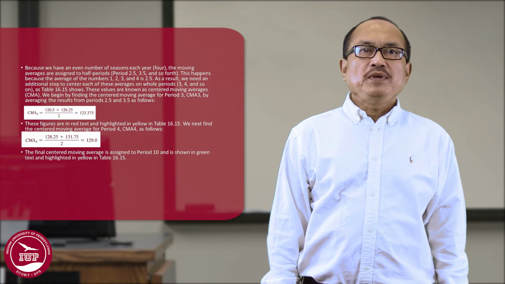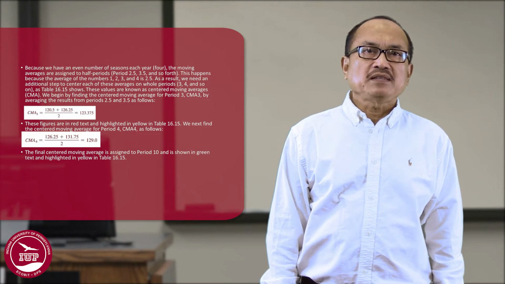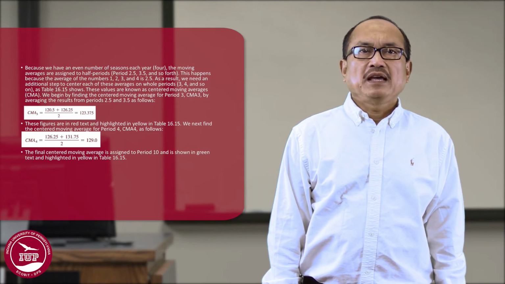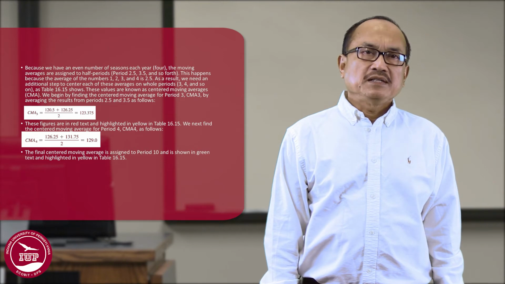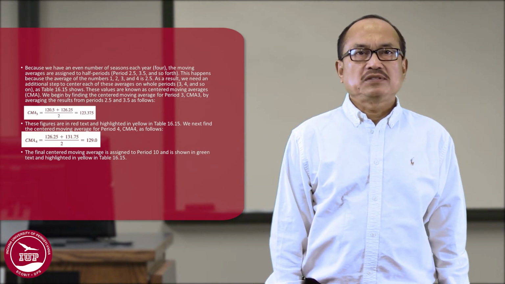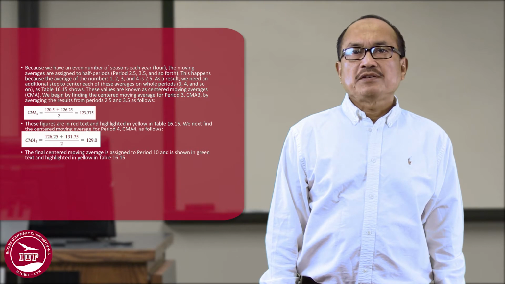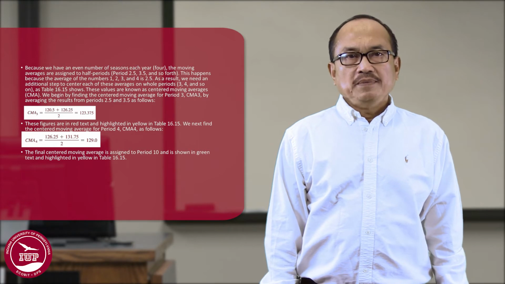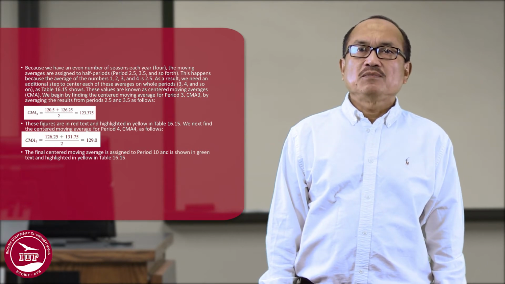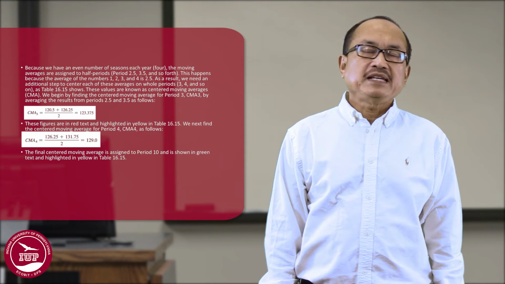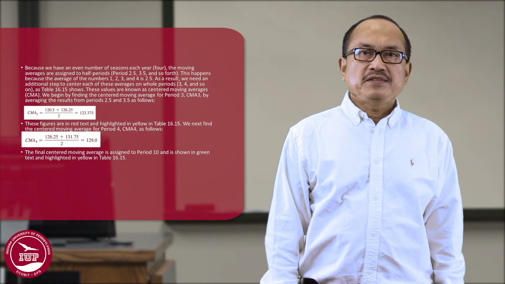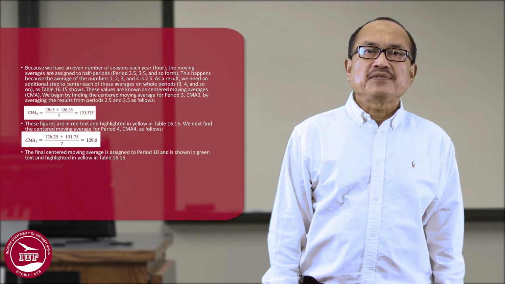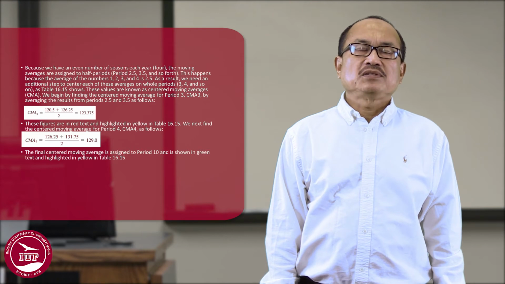As a result, we need an additional step to center each of these averages on whole periods, 3, 4, and so on, as table 16.15 shows. These values are known as centered moving averages or CMA. We begin by finding the centered moving average for period 3, CMA3, by averaging the results from period 2.5 and 3.5 as follows.